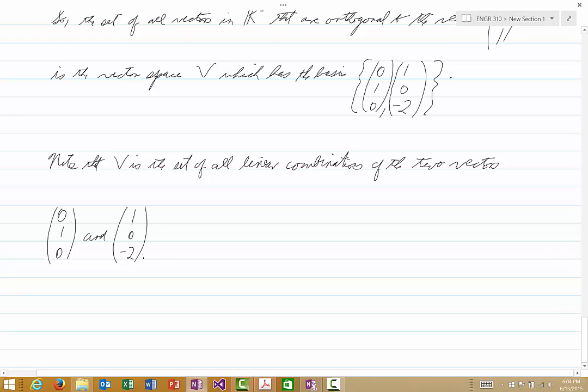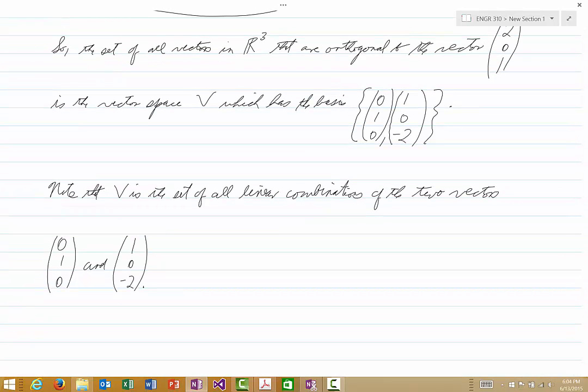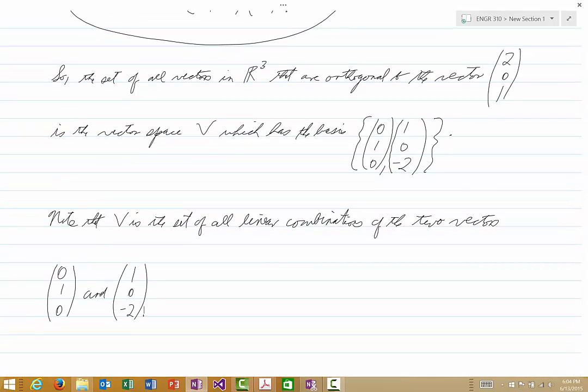And I'd like to elaborate on that for just a moment before we end. Obviously, those two vectors are orthogonal to (2, 0, 1), because if you take the dot product of (2, 0, 1) with (0, 1, 0), you definitely get 0. And if you take the dot product of (2, 0, 1) with (1, 0, -2), you also get 0. So these two vectors are both orthogonal to (2, 0, 1).